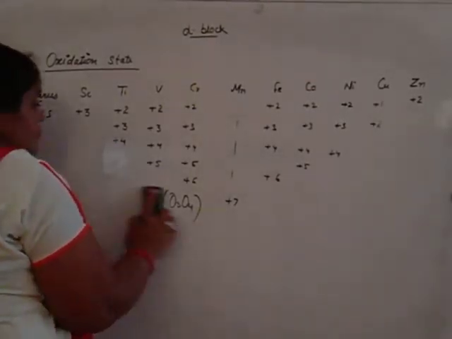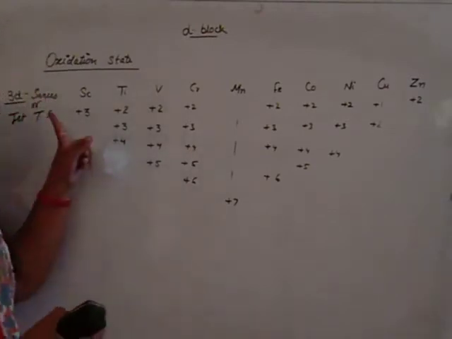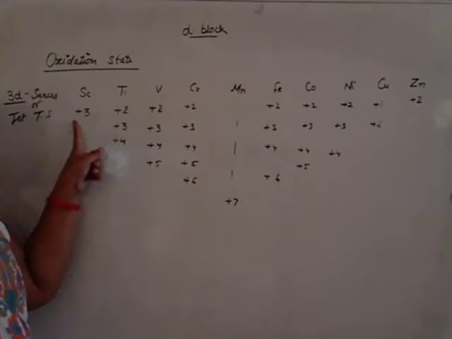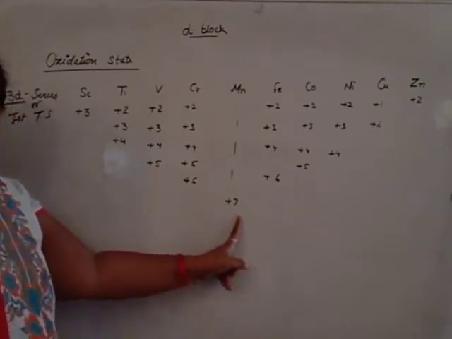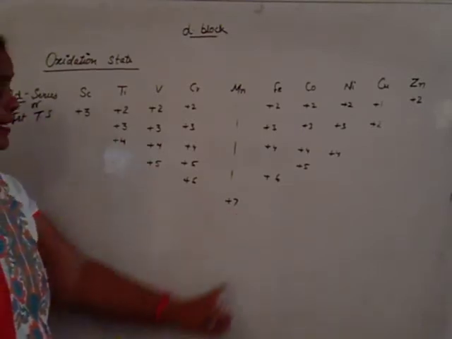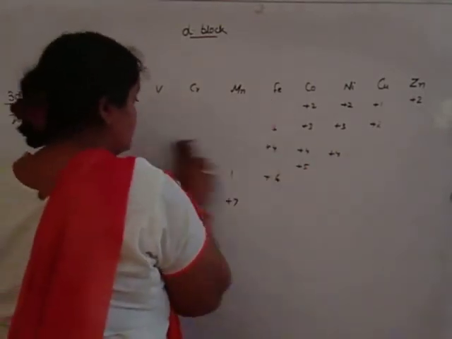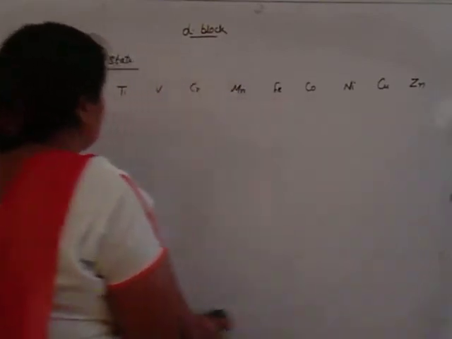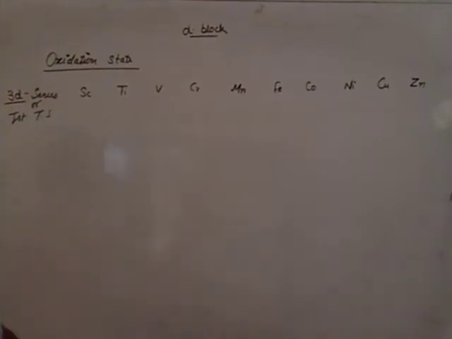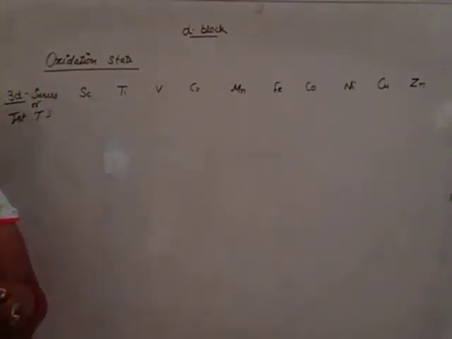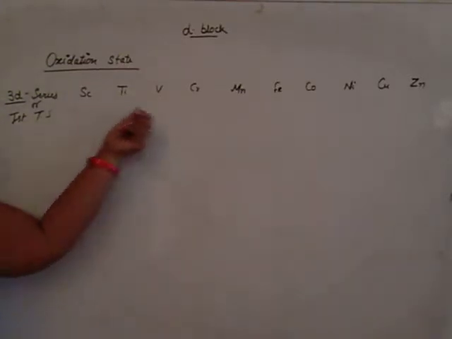Now our question: why in the first half of the series does the oxidation state increase, and then why does it decrease? The answer is, as we move from left to right, from scandium to manganese, the number of unpaired electrons increases due to the increase in atomic number.